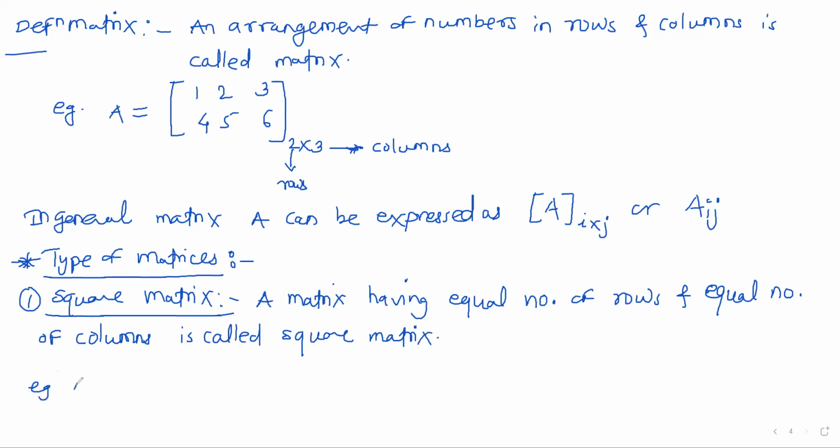For example, let us say A is a matrix, say 1 2 3 4. As you can see, there are 2 rows and 2 columns, so this is a square matrix of order 2. Okay?